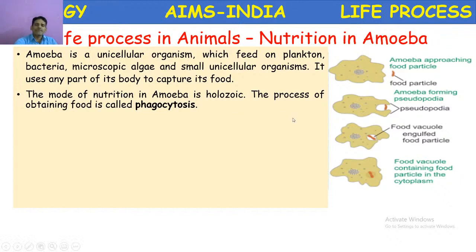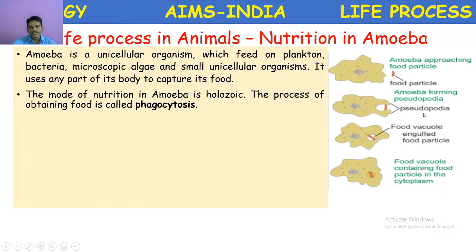The mode of nutrition in amoeba is holozoic nutrition. Holozoic means the nutrition in which the organism consumes particulate food. The process of obtaining food in amoeba is called phagocytosis.